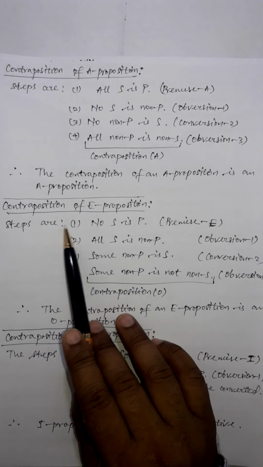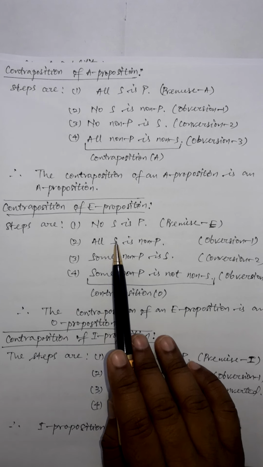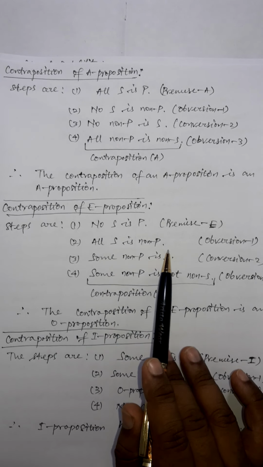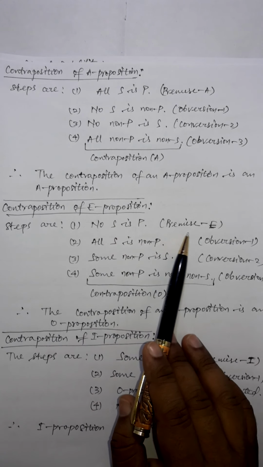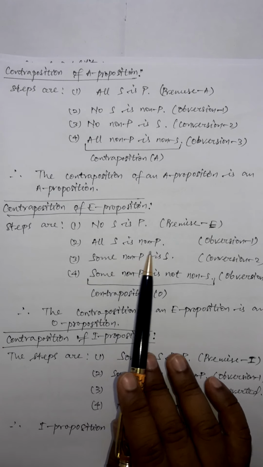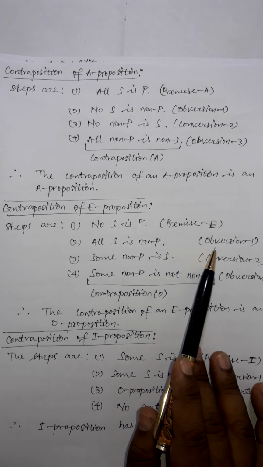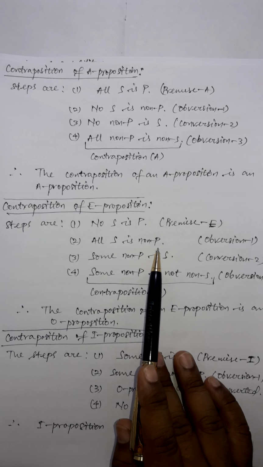Now come to contraposition of E type propositions. Here the same basic three steps will follow. The E type propositional basic structure is "No S is P", which is the premise here. Now if you apply obversion on it, it will become "All S is non-P".